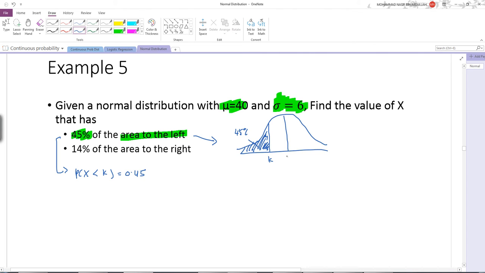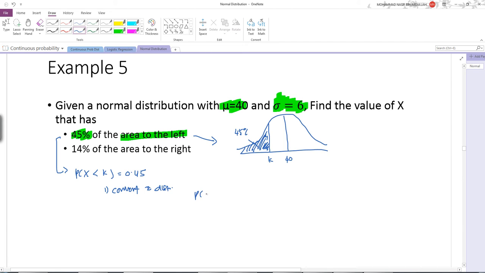And k should be on the negative side. Tapi kalau kita convert on standard normal, but this is not a standard normal, the mean is equal to 40, and k should be less than 40 lah, right? So first step is we need to convert to z distribution.